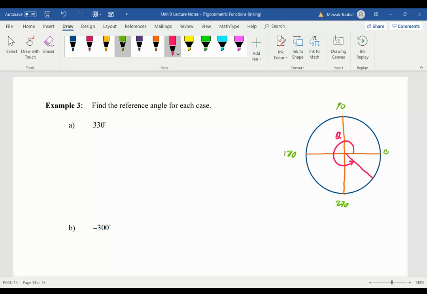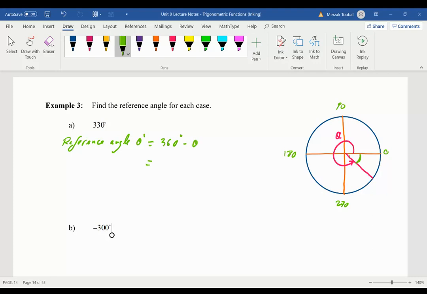Now, what is the reference angle? The reference angle is this one over here, between the terminal side and the x-axis. How do I find it? Let's call it theta prime. So it would be 360 minus theta. What is theta in this case?